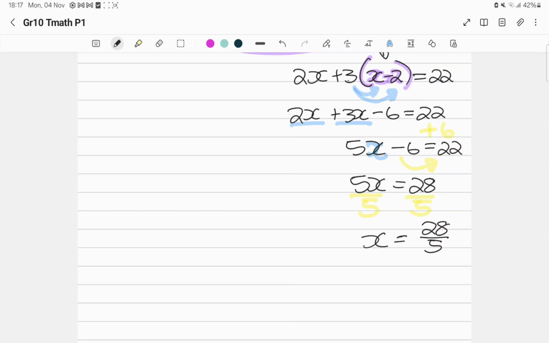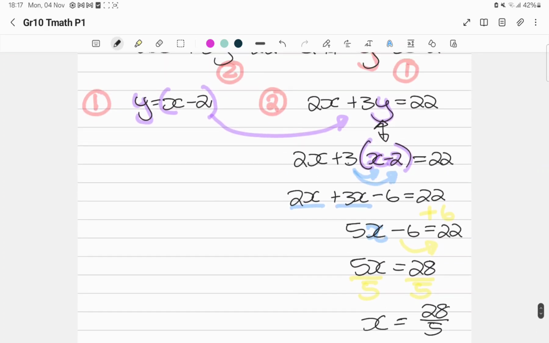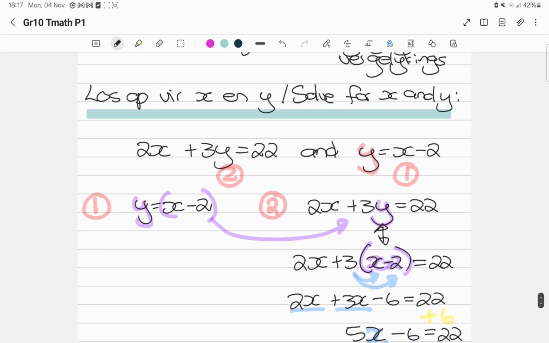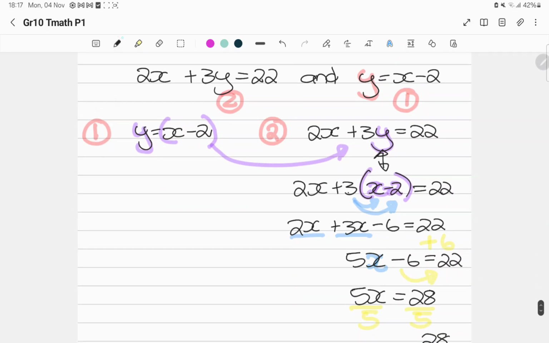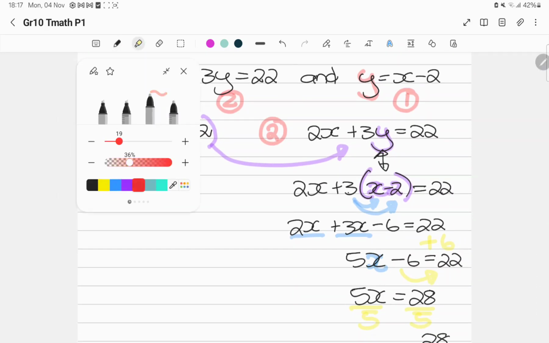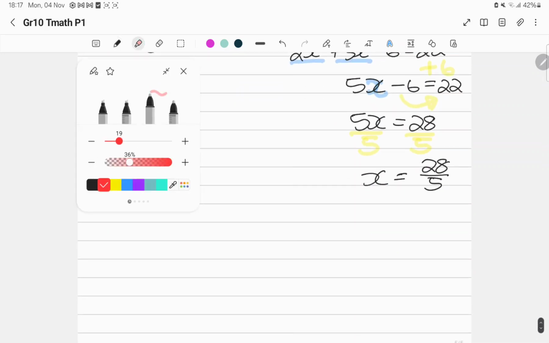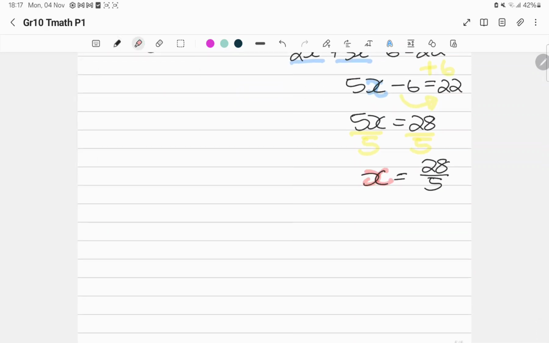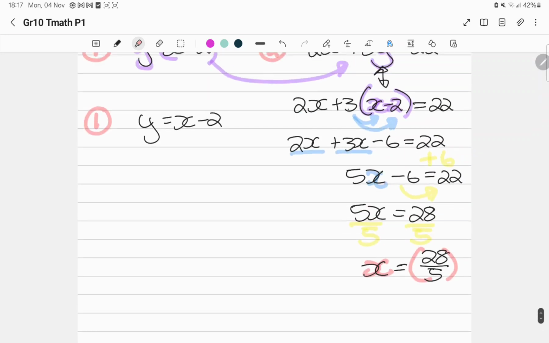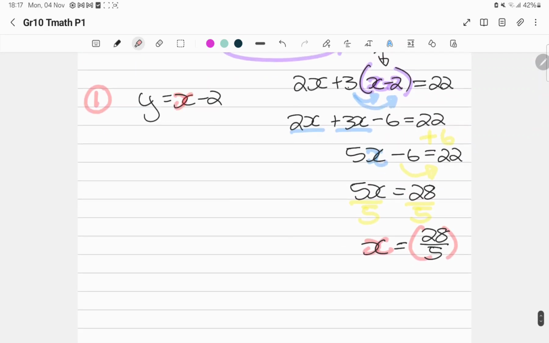Now that I know what x's value is, the question didn't only ask me to solve x, it also asked me to solve for y. So I go back to equation number 1, which was y equals x minus 2. But now I have the answer for x, so instead of writing x, I substitute my bracket.